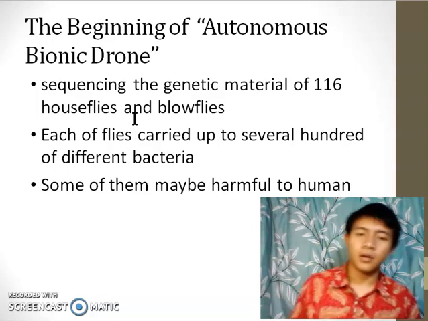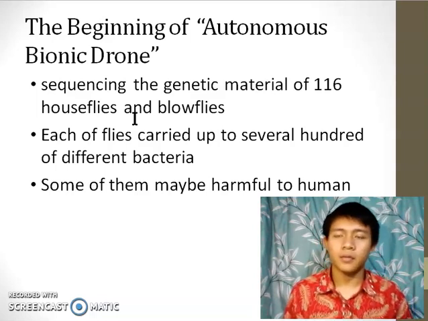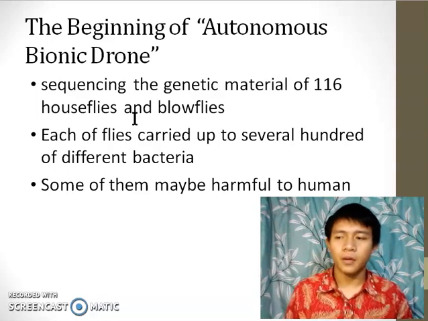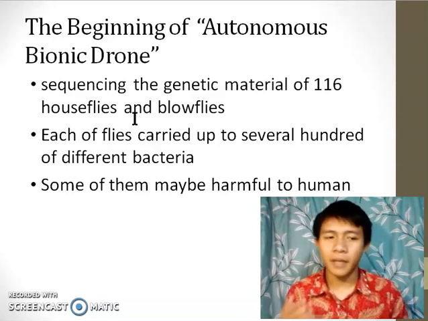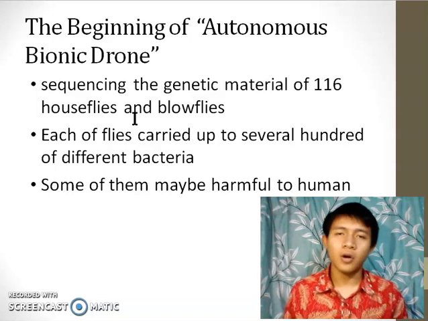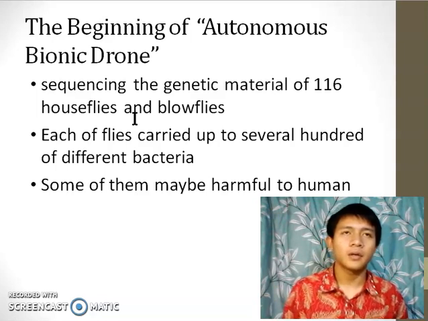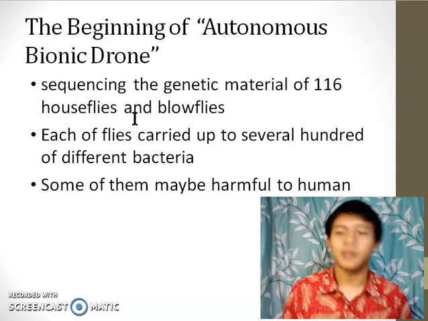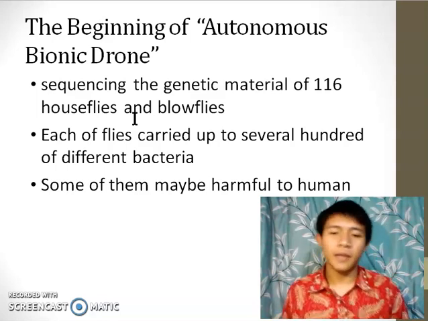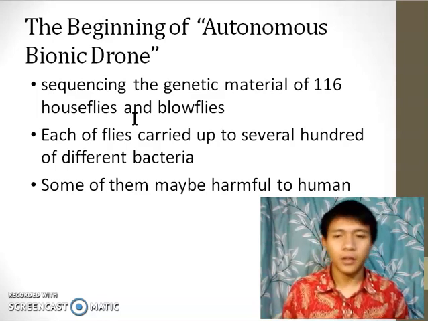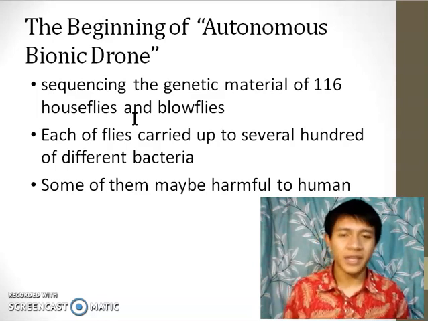With this variety, the scientists can get more results. Okay, and some of them may be harmful to humans, or we can call them pathogens.